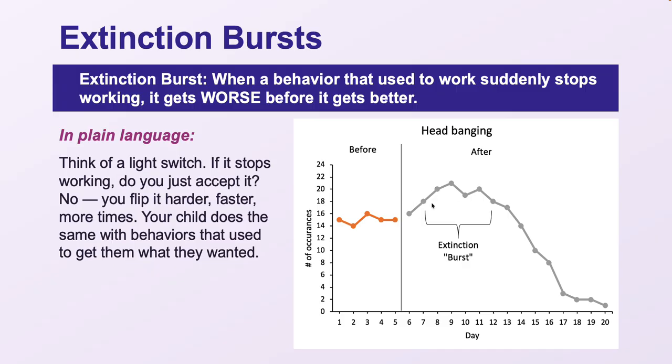Or for one particular child, they used headbanging as the only way of communicating what they like and don't like. So we have to be careful with that because something like headbanging can be very aggressive for the individual. If you take away the thing that they wanted originally and they're not sure what the new rules are, you have to be careful, but just make sure that your child's safe.